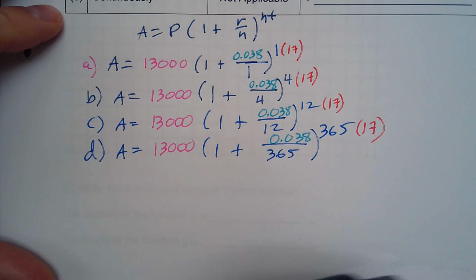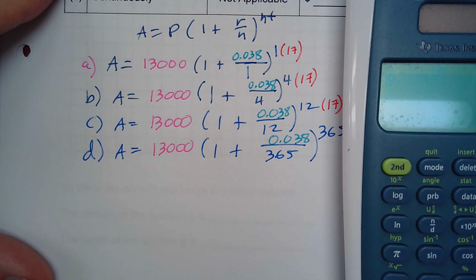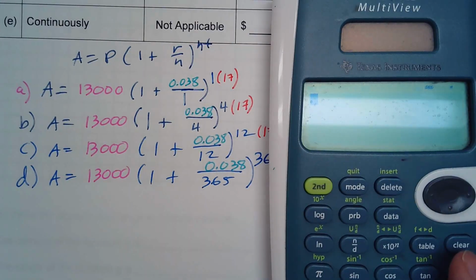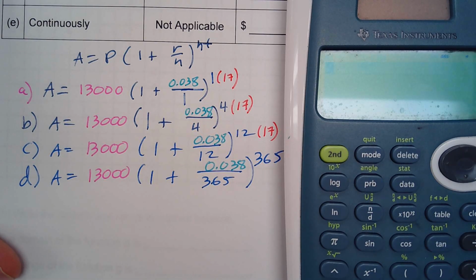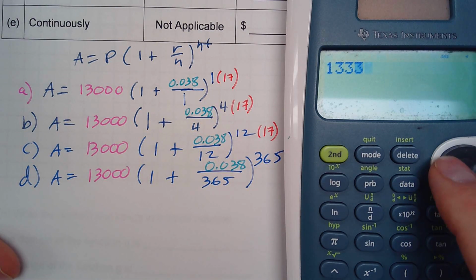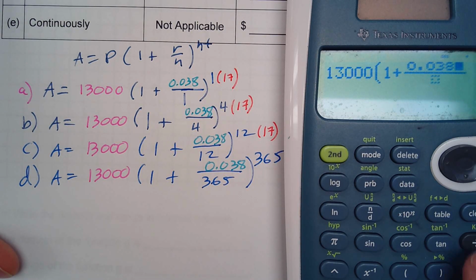So let me grab the calculator. So here we got 13,000. Oops, got a little carried away with the 3's there. 1 plus, to our fraction key, 0.038 over 1.